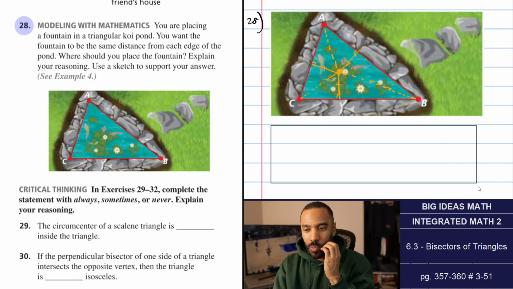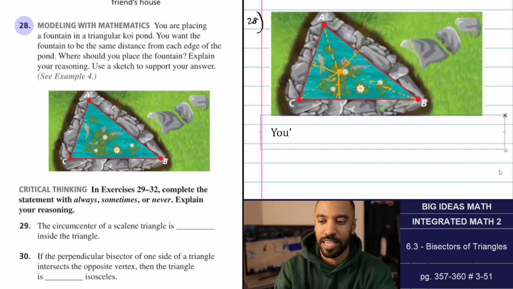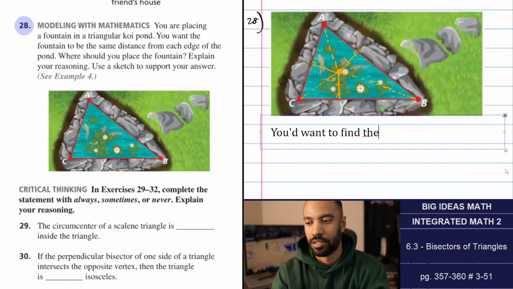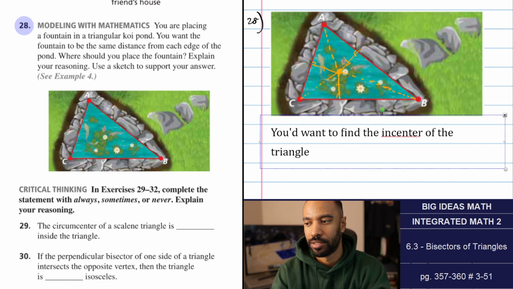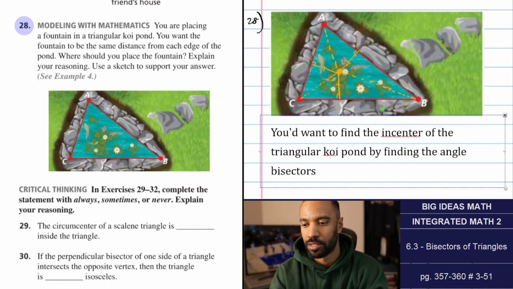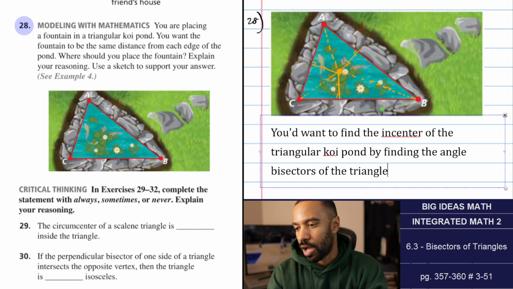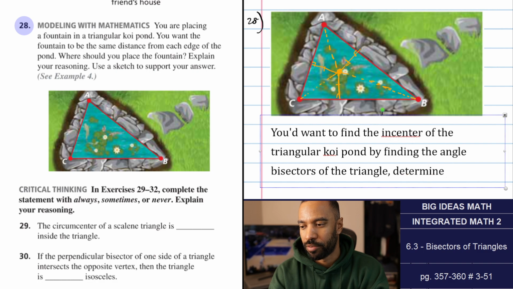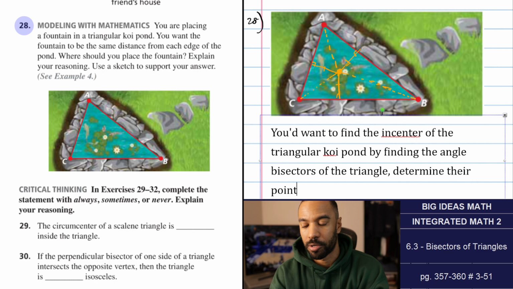So anyway, you'd want to find the incenter of the triangular koi pond by finding the angle bisectors of the triangle and determining their point of concurrency.